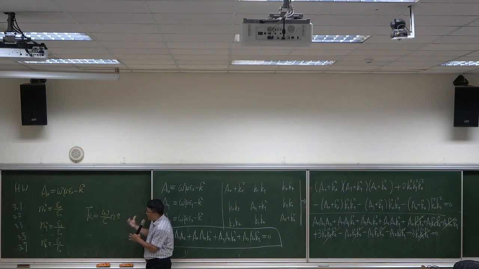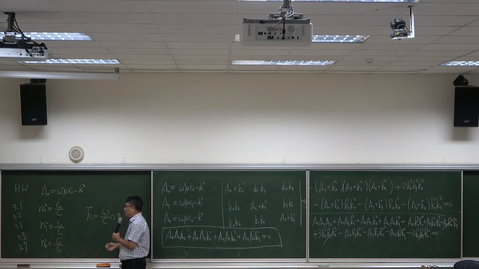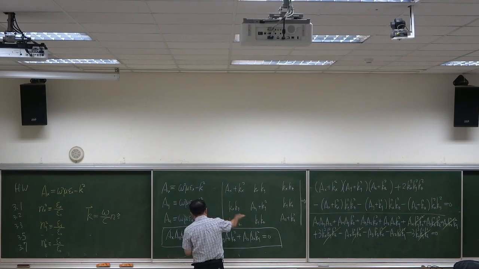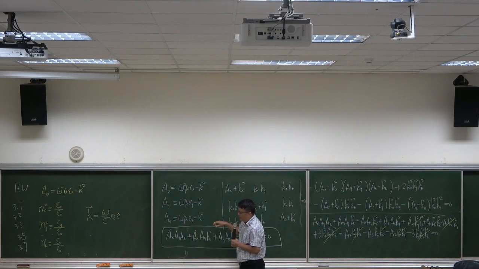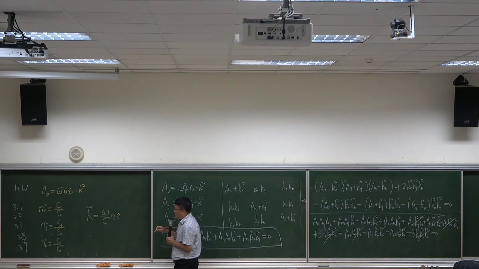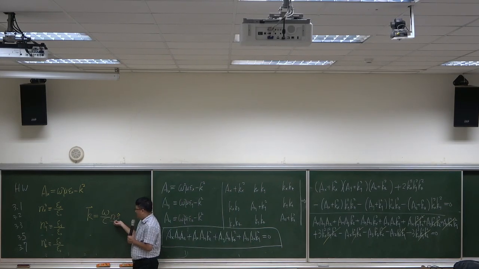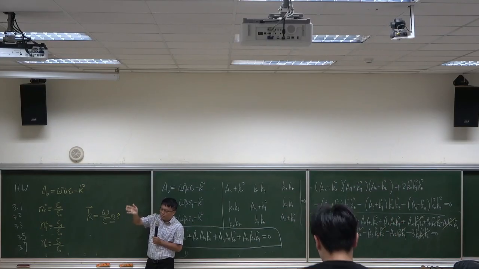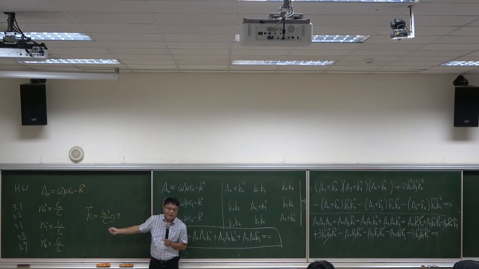It's an orientation independent quantity. However, now we discuss this anisotropic medium. I will show you that the refractive index n is a function of direction. You change propagation direction, then usually you change the refractive index.